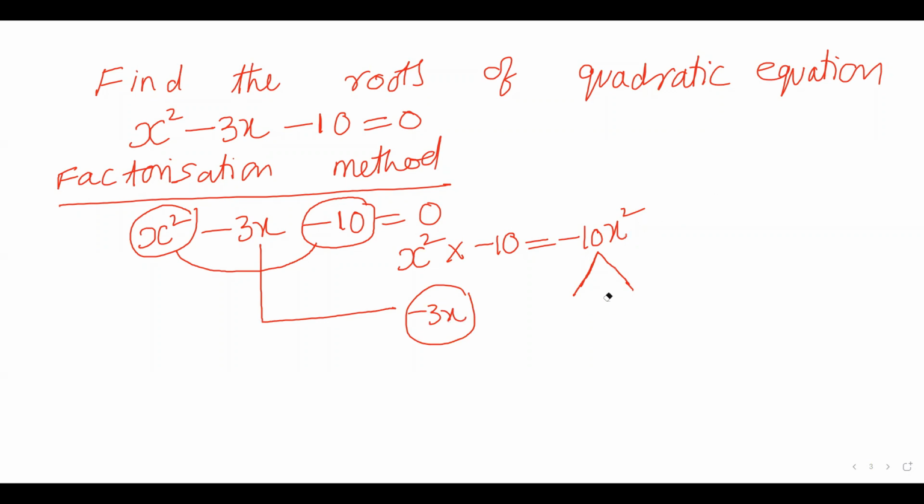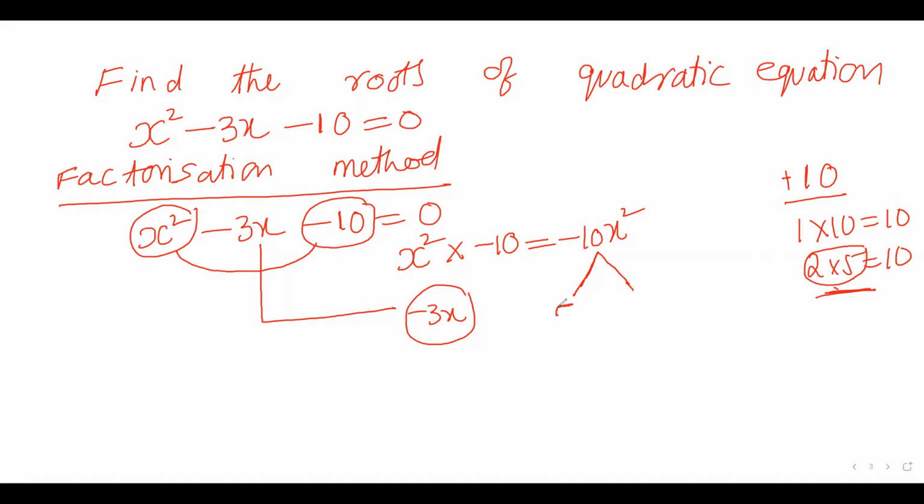For that, first of all, write down the possible ways in which you can get 10. 10 ones are 10, okay? 2 5s are 10. These are the two ways in which I can get 10. So this combination is better combination, so that I can get 3. So I am taking this combination.